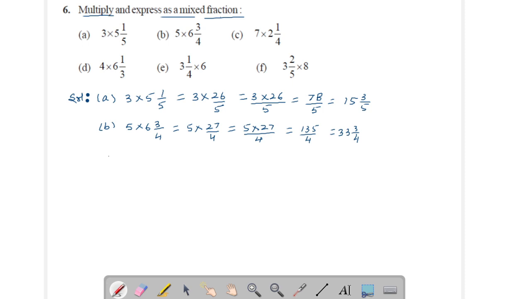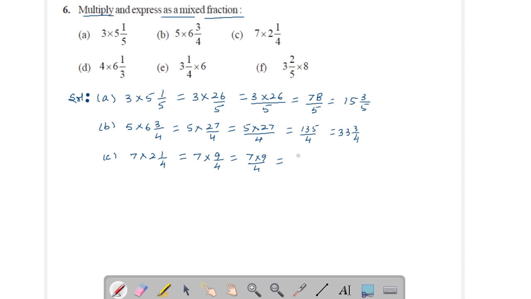Now come to C part. It is 7 into 2, 1 upon 4. This can be written as 7 into 2 4s are 8 plus 1, 9 upon 4. This can be written as 7 into 9 upon 4.